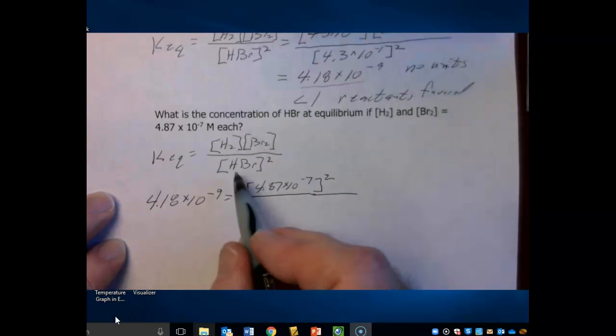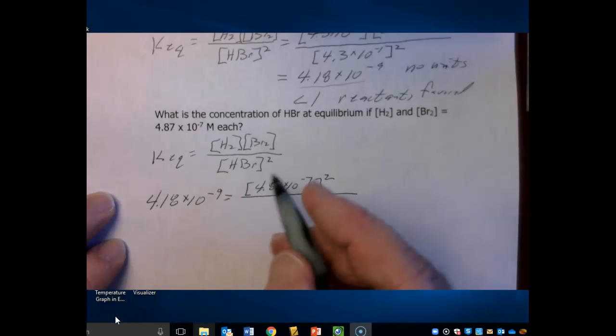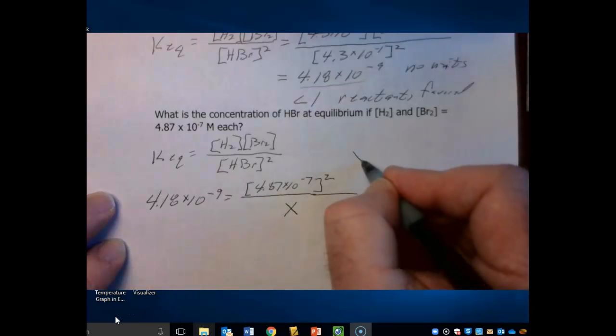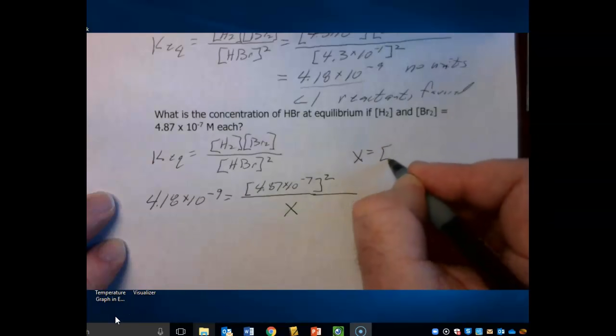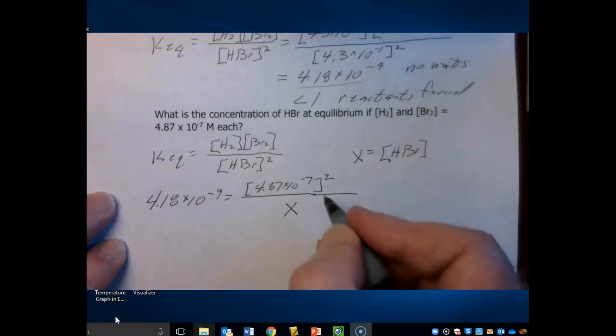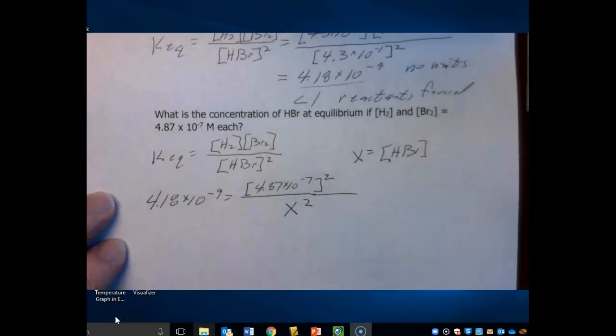And then the concentration of HBr, we don't know what that is, so let's call it X. So we're plugging in X, we're letting X equal the concentration of HBr. Now it's squared, let's not forget that.